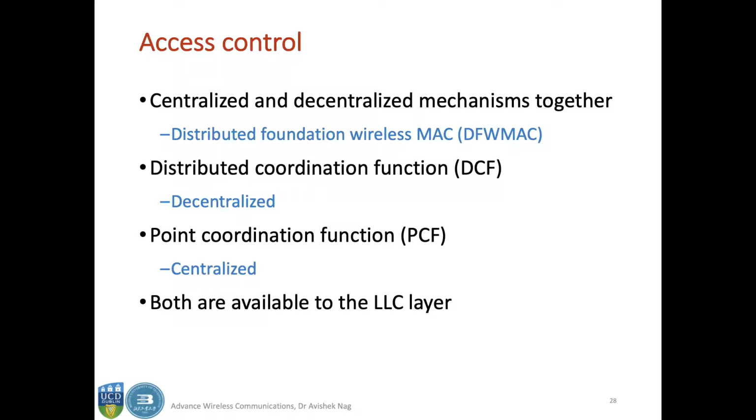So coming to the other function of the MAC layer, which is basically the most important function, is the access control. The IEEE 802.11 working group considered two types of proposals for a MAC algorithm.